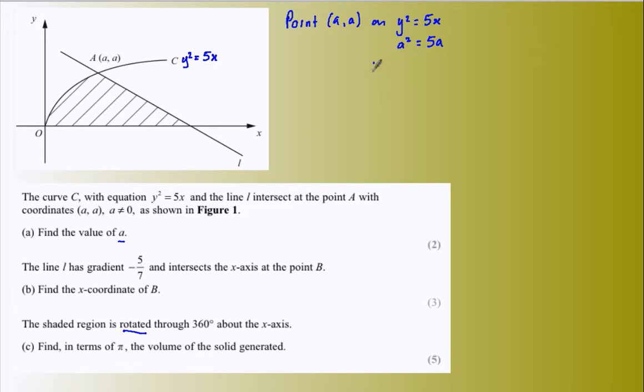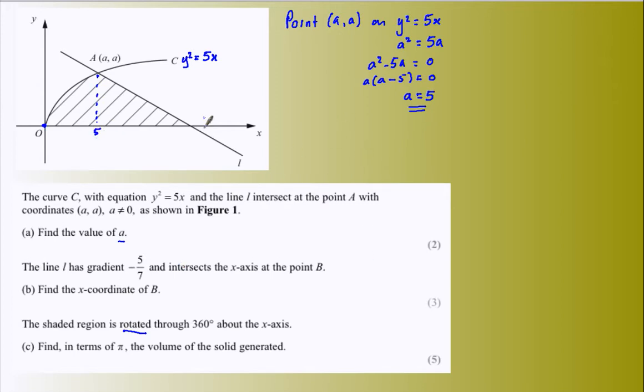And so a squared minus 5a equals 0, which means that a could be 0, which would give me this point, which I know it's not, or a could be 5, which of course it is. So we have the point (5, 5).